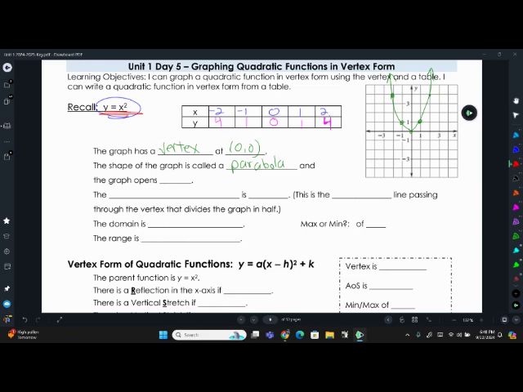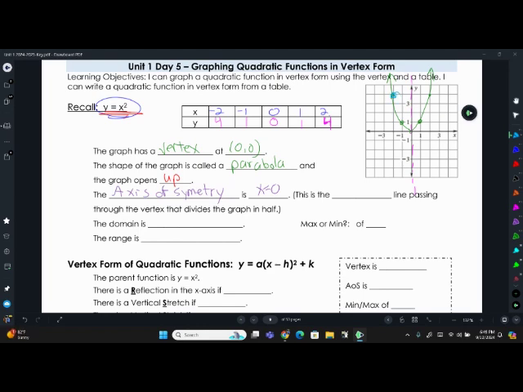Now the graph opens up. You see it goes up on both sides. This has something called the axis of symmetry, that we abbreviate AOS, and it's x equals 0. Now, the axis of symmetry goes through the vertex, and notice that the y values on either side are the same distance away.